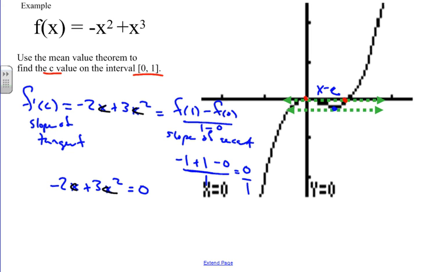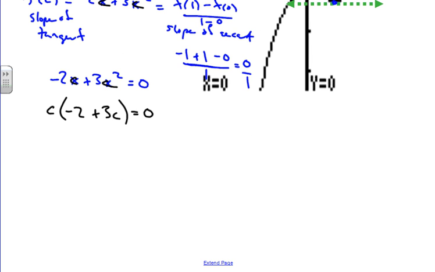From here, we can factor out C. When we do that, we have negative 2 plus 3C equals 0. When does this equal 0? Well, when C equals 0, or when C equals 2/3, and that's what we have. Now, we make sure that we check our answer with our open interval.